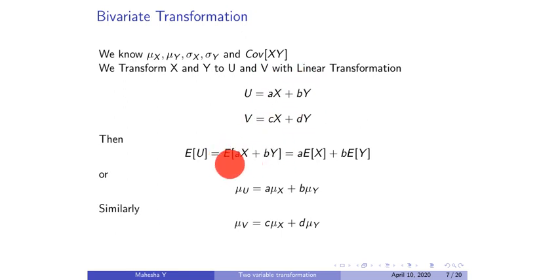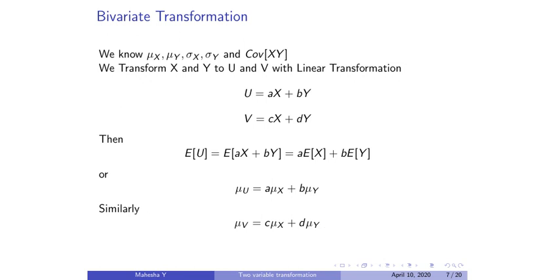Move the expectation operator inside, so a into expectation of x plus b into expectation of y. So E of u, which is mu u, is a into mu x plus b into mu y. So the mean is linearly transformed. For v it will be the same as u, that is, mu v is equal to c mu x plus d mu y.